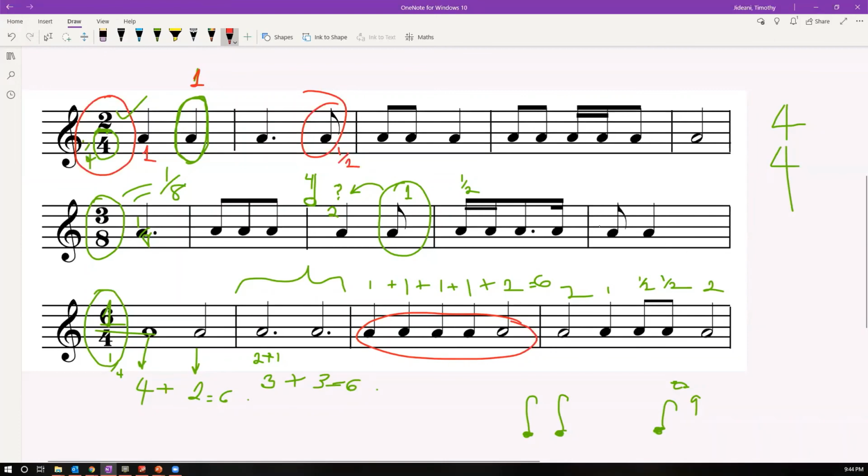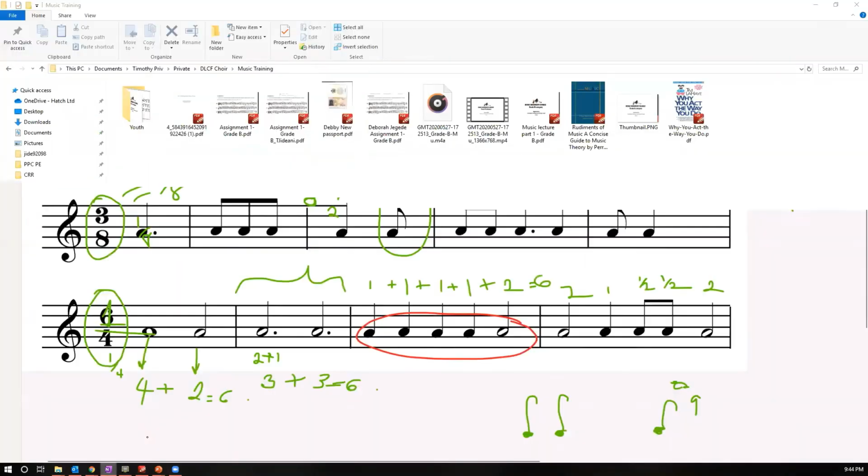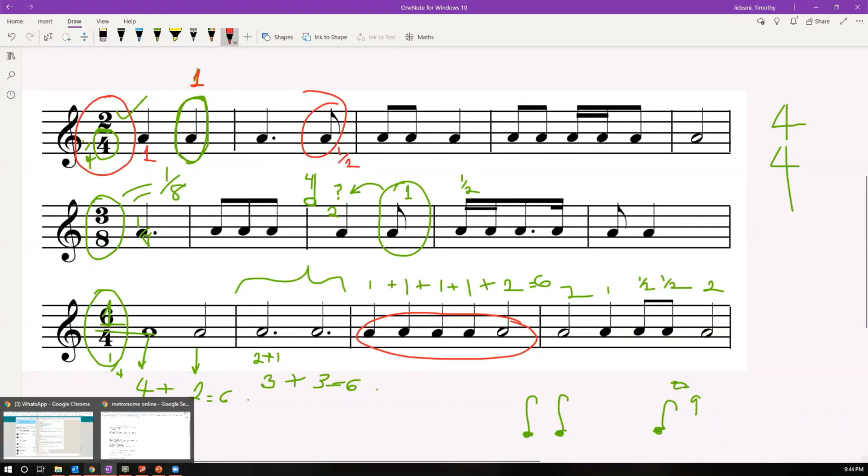So I think that is a brief study on time signatures. Now the interesting part is that the same thing we're doing now is the same thing we will apply to any sheet music.